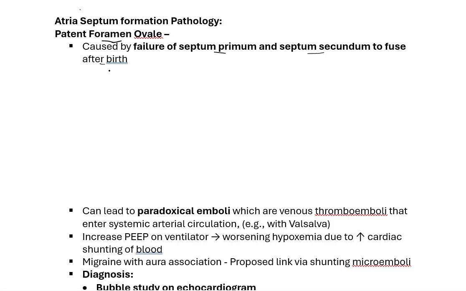Because once the baby is born, the septum primum should fuse with the septum secundum, thereby closing off the foramen ovale. But if this fails to happen, then we call it patent foramen ovale. So let's see the problems this could lead to. Most of the time, these patients are usually asymptomatic, but of course, this could also lead to problems.